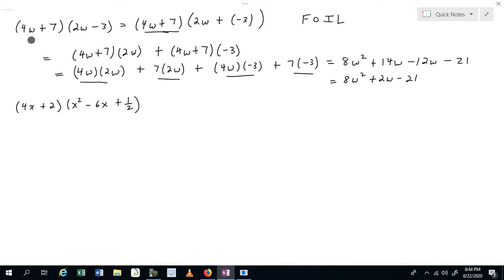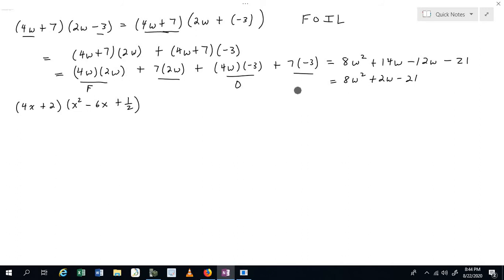So the first refers to the first 2 terms, the first one here and the first one here. So I multiply the first by the first, and that's where I get this term. Then the outer refers to 4w and the minus 3. They're on the outside. Okay, so 4w times minus 3, this is the outer term.